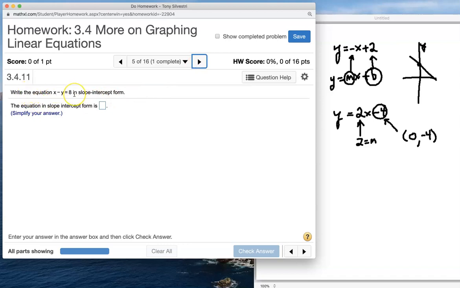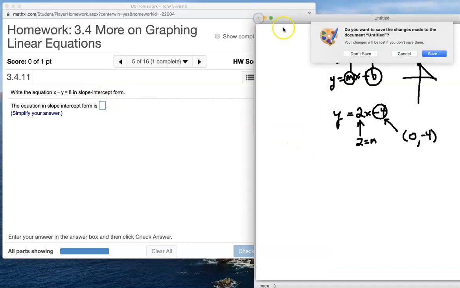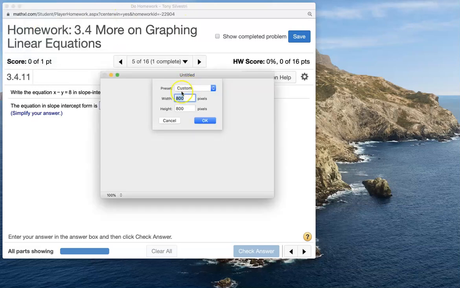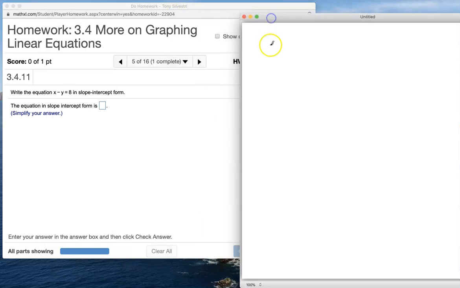Now write this equation in slope-intercept form. Here's what you're going to do. Don't save that. File, new. Bring this over here. All right, write that equation. First off, what I'm writing down is an equation of a line, but it's not in your slope-intercept form.